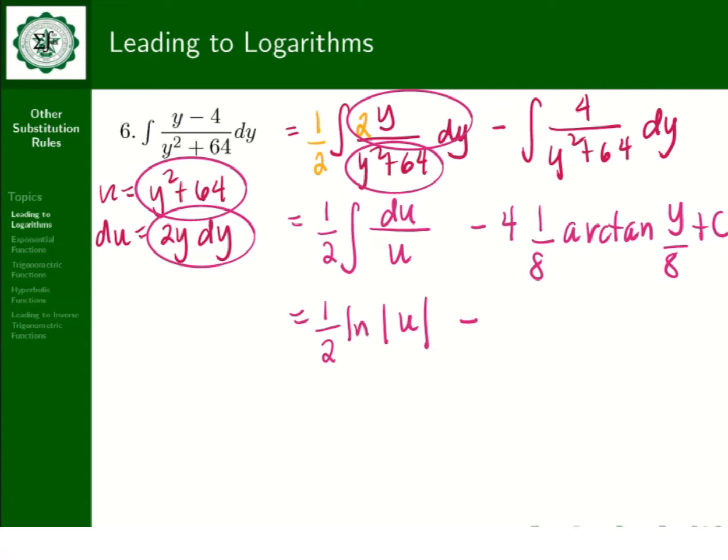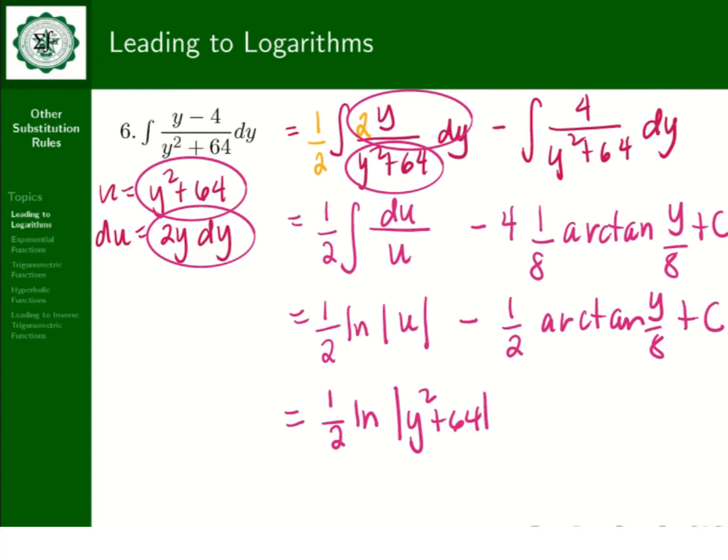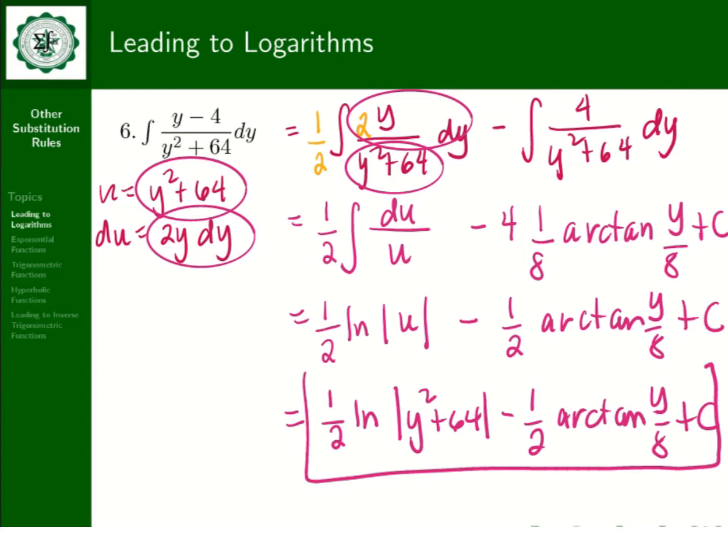So we have minus 4 times 1 over 8, which is 1/2, arctangent of y over 8 plus c. We just have to perform the back substitution. So we have 1 over 2 ln of the absolute value of y squared plus 64, and then minus 1/2 arctangent of y over 8 plus c. So this is our final answer.